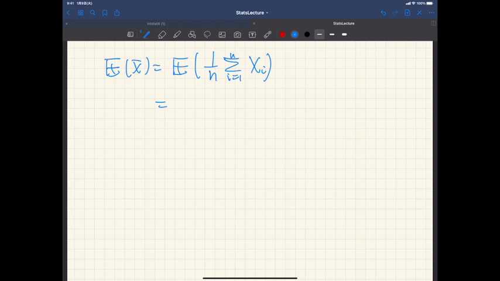This is something you should prove, by the way, but we can expand this expectation value as the sum. The expectation value of a sum is the sum of expectations. So that's what we have.